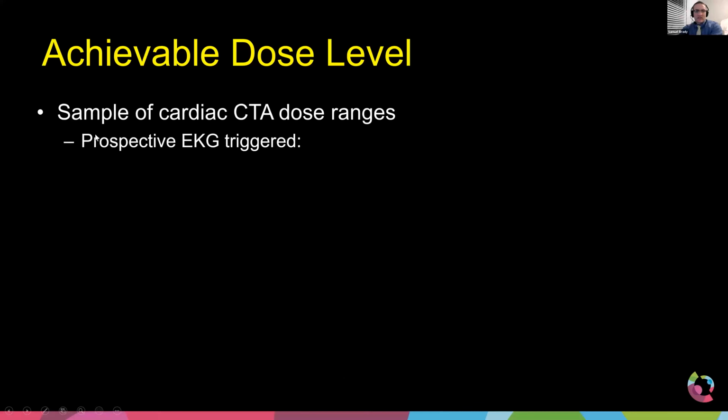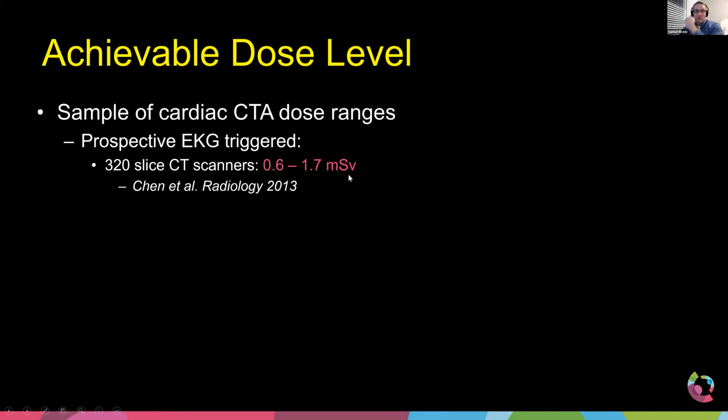Now let's look at what are the doses that we're typically dealing with now, comparing prospective EKG, which tends to be the lower dose approach. So if you're doing a single spin, 320 slice scanners, you're somewhere in the 0.6 to 1.7 millisievert range. So that's pretty respectable. It's not that much more than a normal body acquisition.